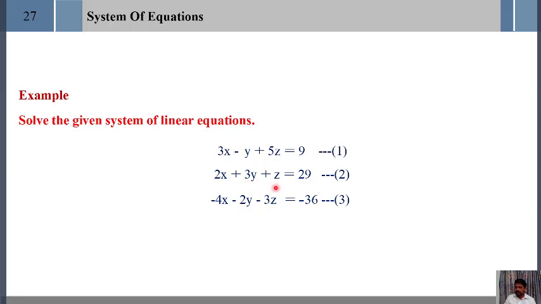Similarly, if you solve the second and third equations, whichever variable we eliminated previously, the same variable you eliminate, then the resultant equation will be in 2 variables.